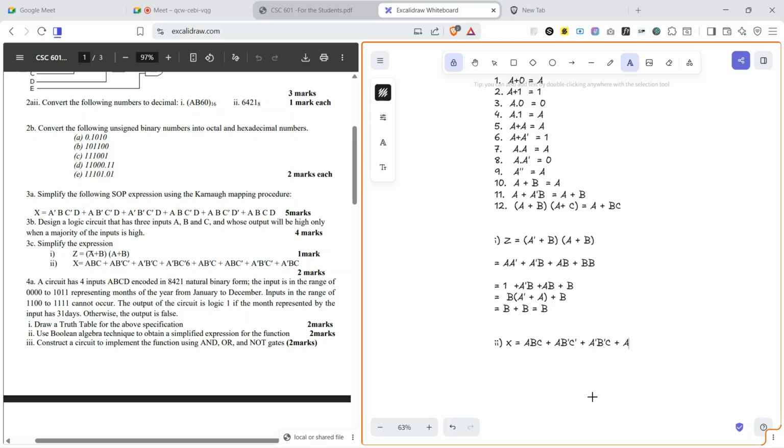Plus A A bar, A bar B C bar, plus A B bar C plus A bar B bar C bar, then plus A bar B C for the second one.